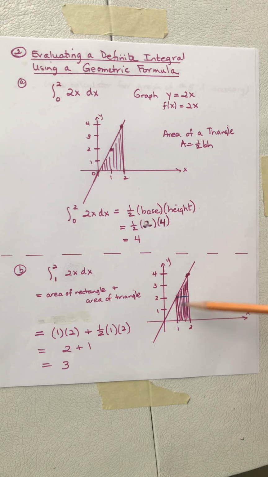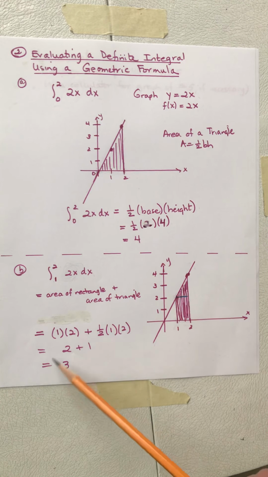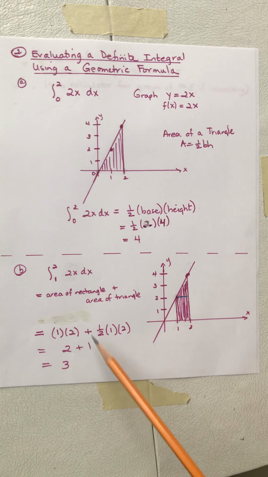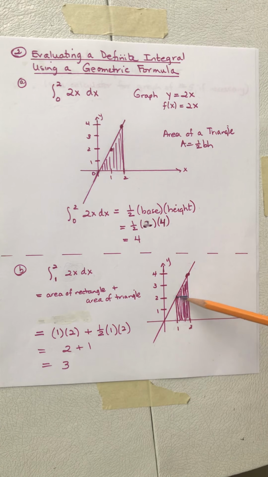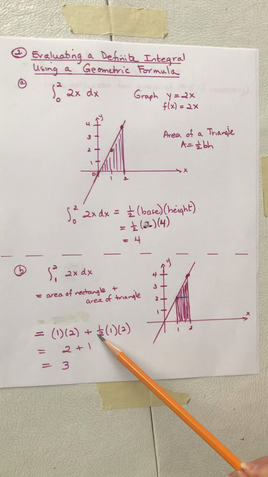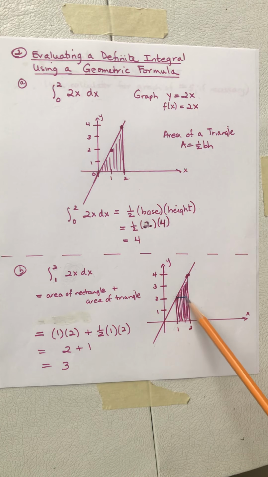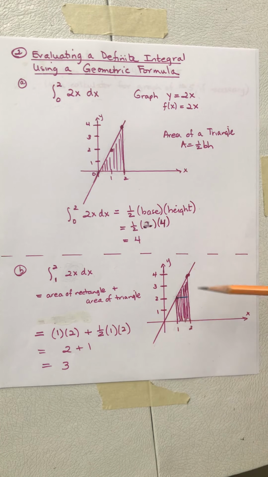So my rectangle has a base of 1, because it's going from 1 to 2, that's 1 unit, and the height is 2. So the area of the rectangle would be 1 times 2, plus the area of the triangle, which is 1/2 of its base, which is 1 unit as well, times its height, which is going from 2 to 4.